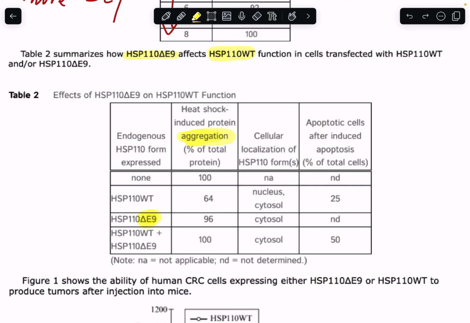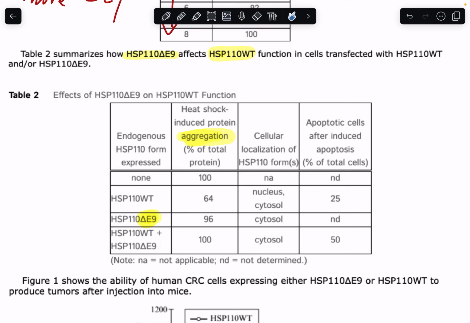What about apoptosis? For wild type apoptosis, I have a 25, and for this mutant one, ND is not determined, I don't know, but I can see that when they are combined together, I have more apoptosis. So I can roughly say that it's also a direct relationship, right?